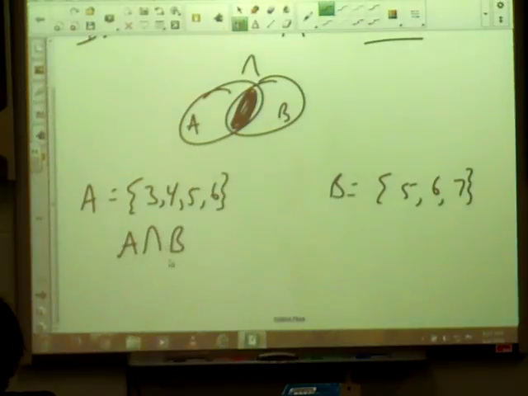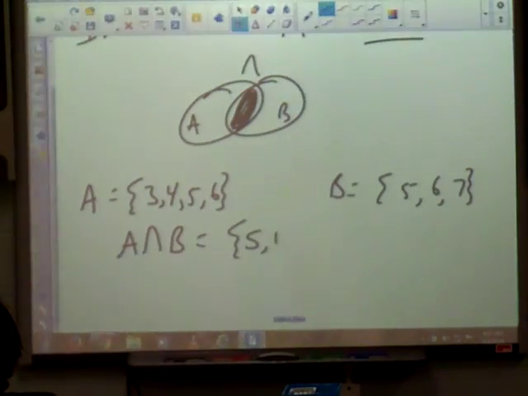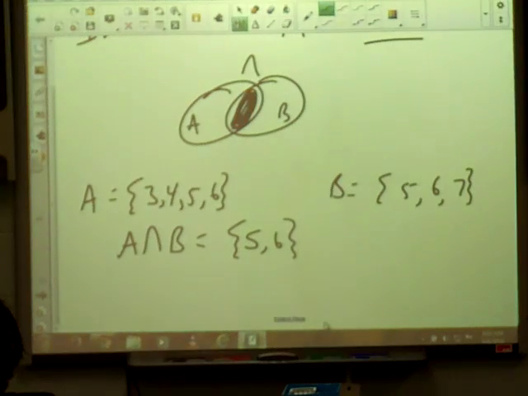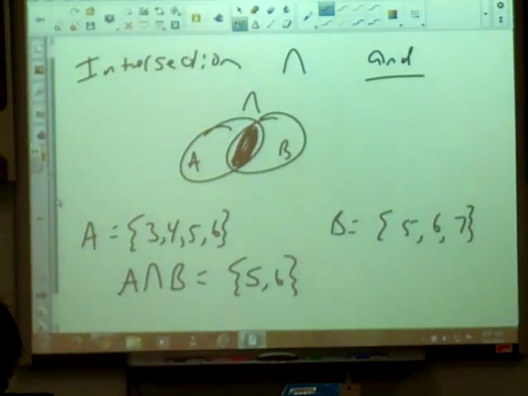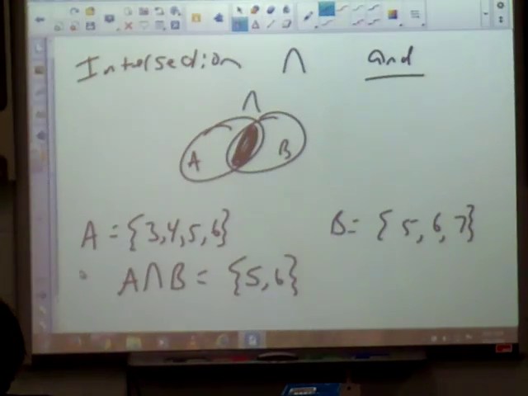So it's got to be the numbers that are in both of them. What numbers are in both sets? 5 and 6. So that'd be it. Intersection's got to be in both of them.